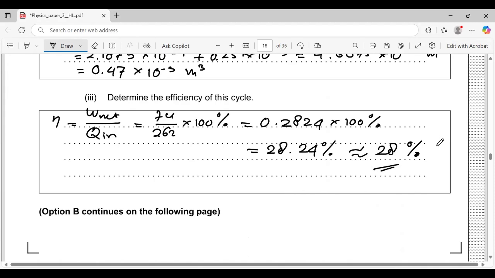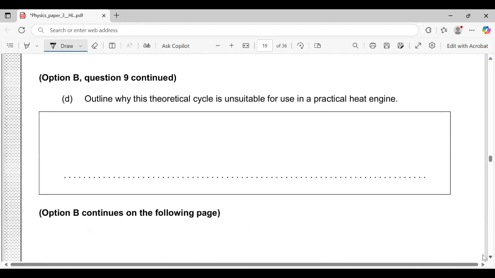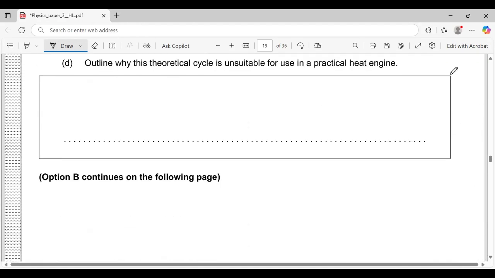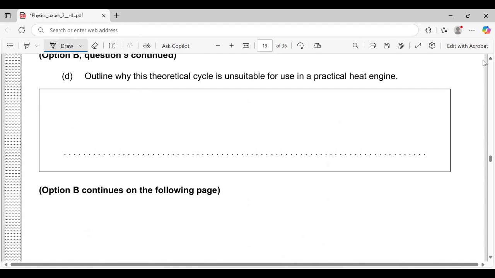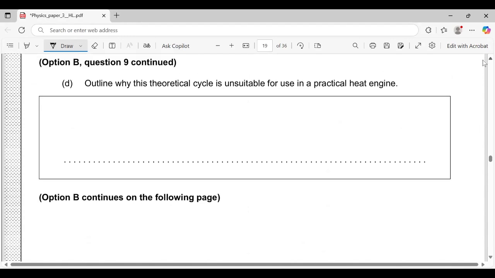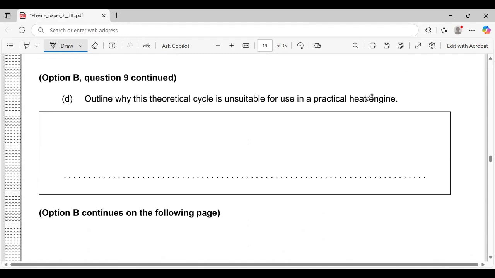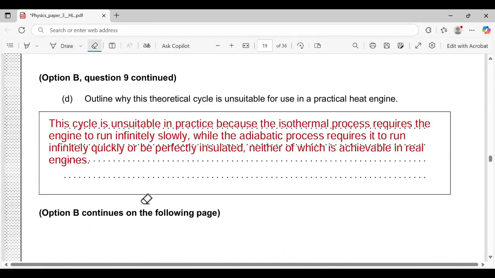So this is the efficiency. Outline why this theoretical cycle is unsuitable for use in a practical heat engine. I have provided my brief explanation about this question.